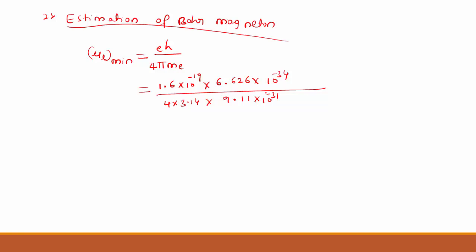The SI unit of charge is coulomb, the SI unit of Planck's constant is joule second, and the SI unit of the electron mass is kg.